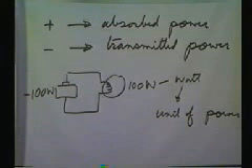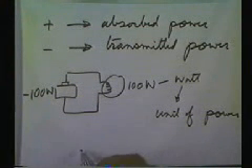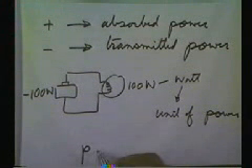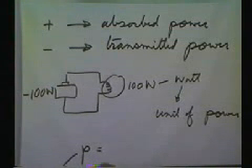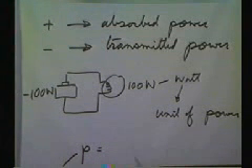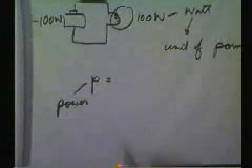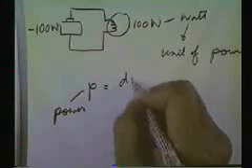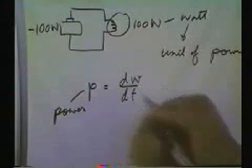So now it's a definition. We use P for power. It's the rate of change of the energy, so it will be dW by dt.